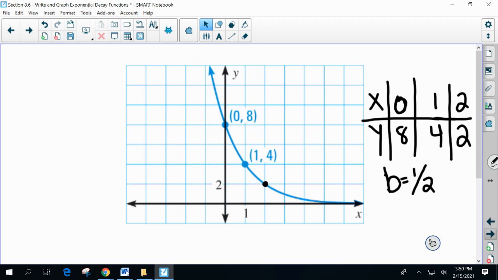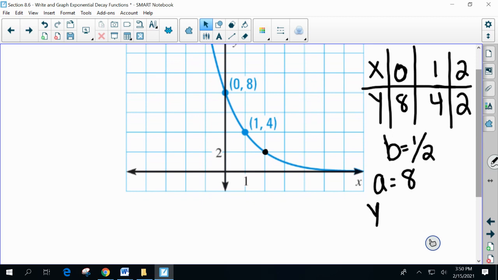So b is 1/2. And when x equals 0, our y value is 8. So our function would be y equals 8 times 1/2 to the x power.